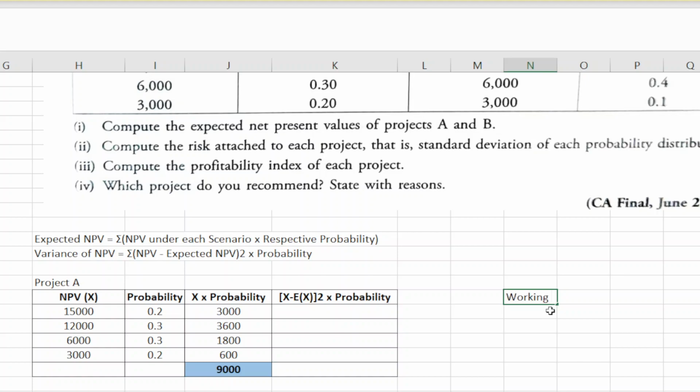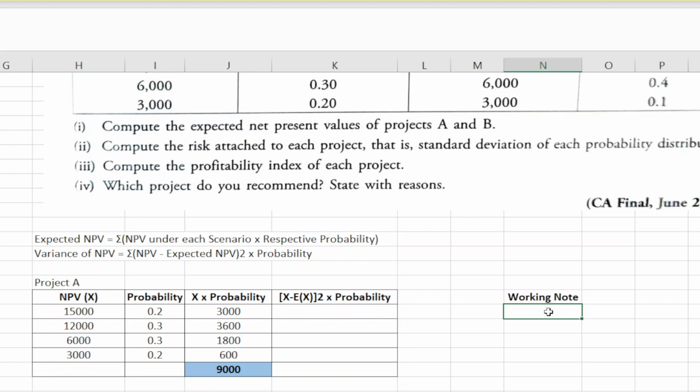Whether this working note is visible. This working note is visible. You can do directly, but to make sure that you will understand in a better manner, I am doing like this. Okay, NPV minus expected NPV. First we will do that.